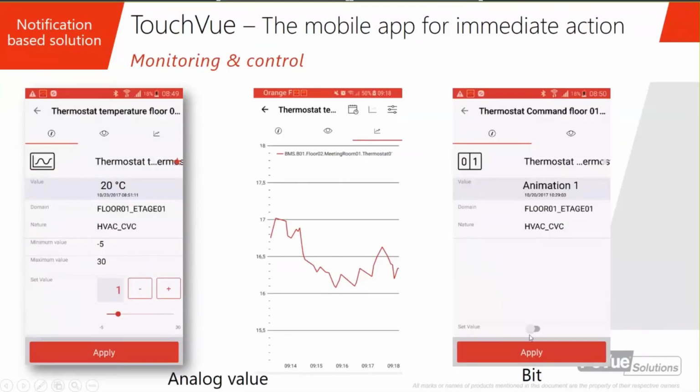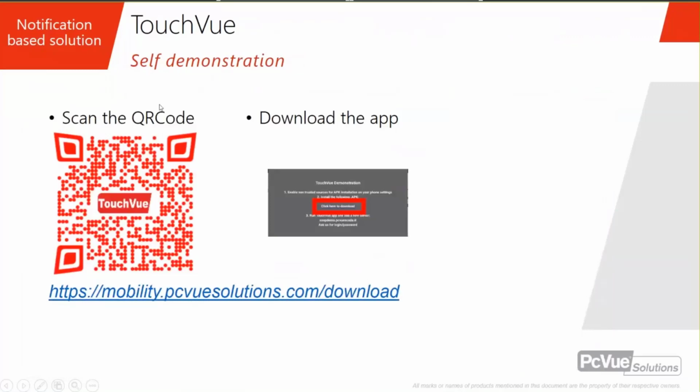And as I said previously, you can set a value from this interface as well. There's a self-demonstration: by scanning the QR code, you can download the app. If you want, you can send me an email, and I will send you all the slides, so you will have this demo available for testing on your side.